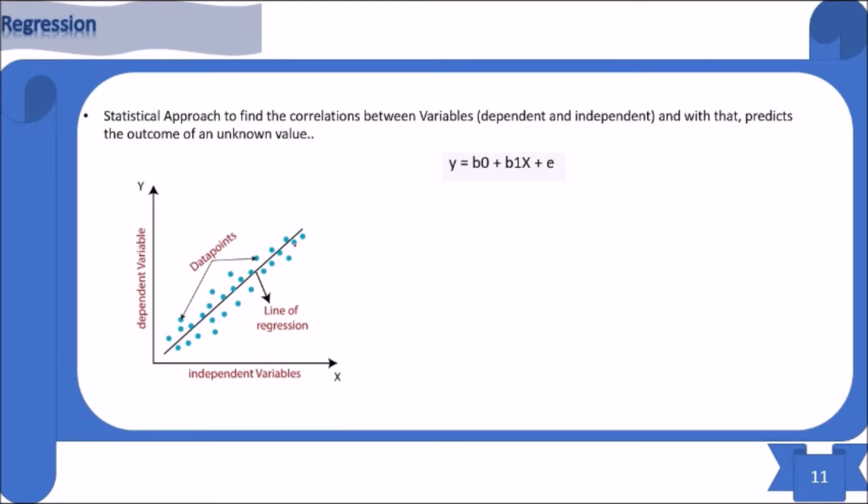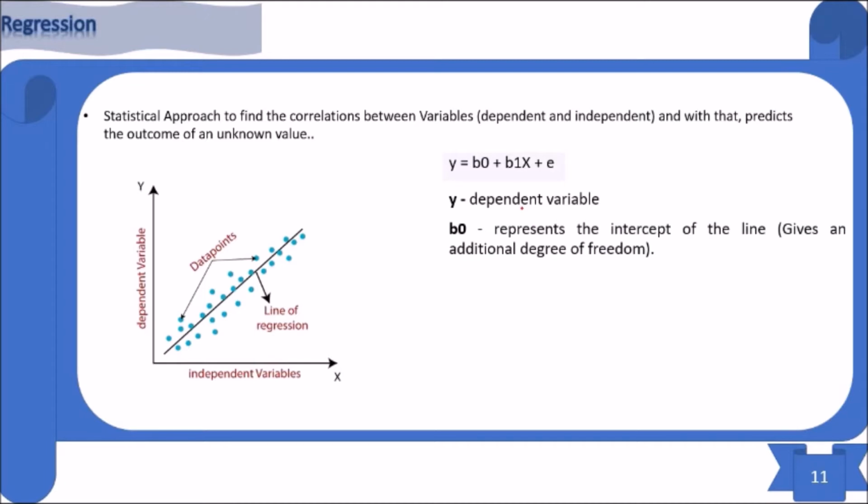This shows you the linear relationship between the dependent variable and independent variable. From whatever I explained, you can easily identify which one is your dependent and which one is your independent variable. So y represents the predicted value of the dependent variable according to the given value of the independent variable.